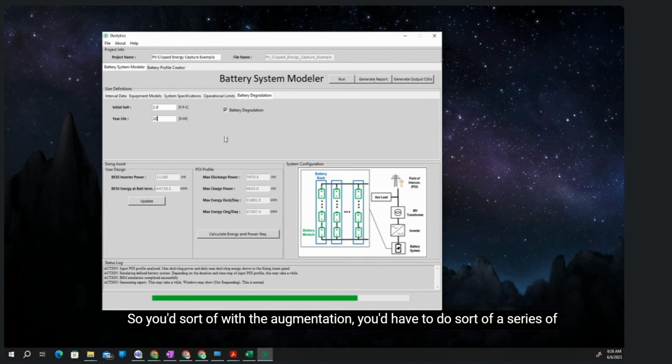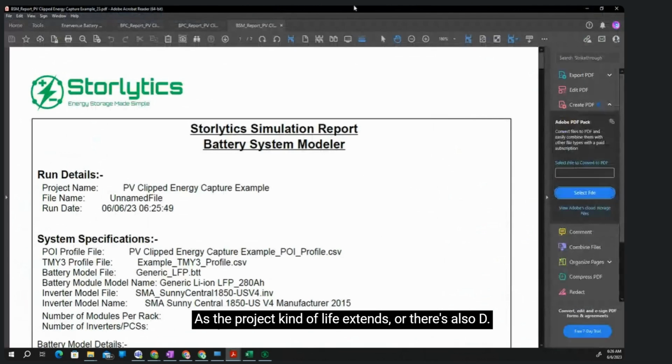Okay. So with augmentation, you'd have to do a series of these models, and then get the CSV file and cut and paste almost. Correct. It depends on your exact augmentation strategy, because there are a number of them out there. You can do AC augmentation, which is adding inverters as the project life extends.